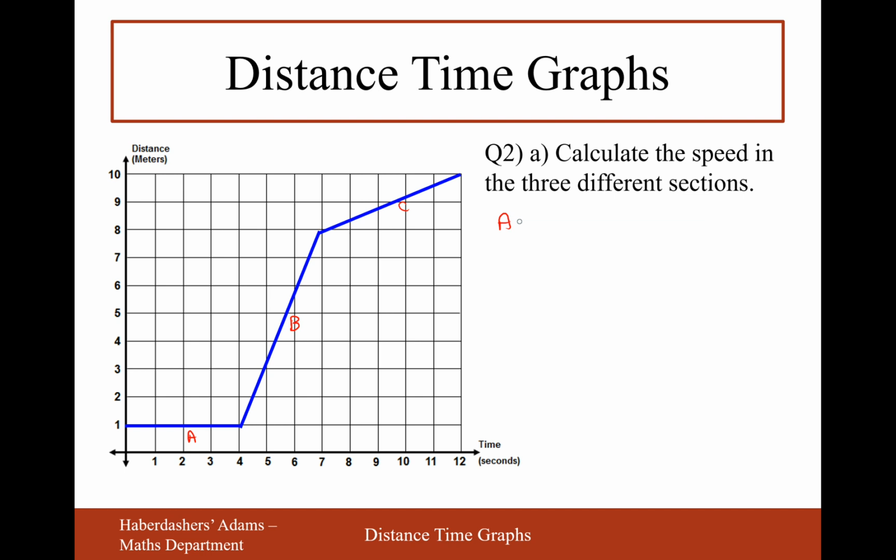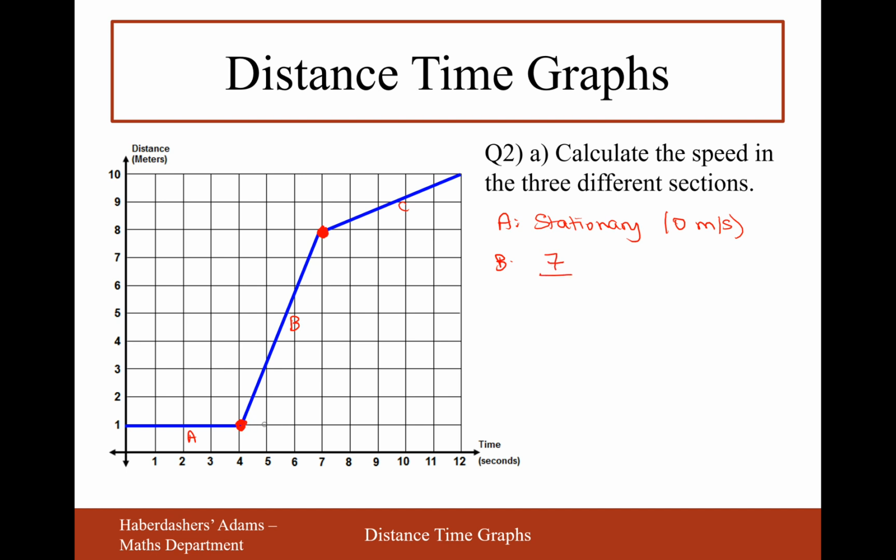In part A, the graph was stationary, so 0 meters per second. In part B, we need to look at our distance travelled. The total distance we've travelled is from 1 meter away to 8 meters away, so that would be 7.